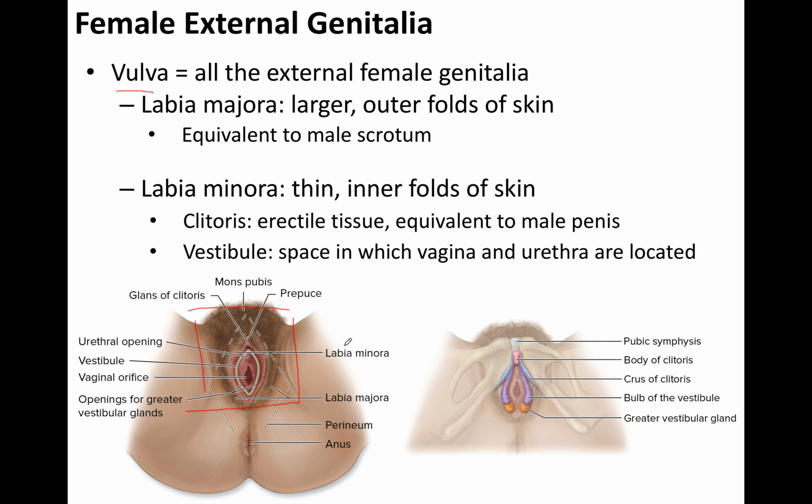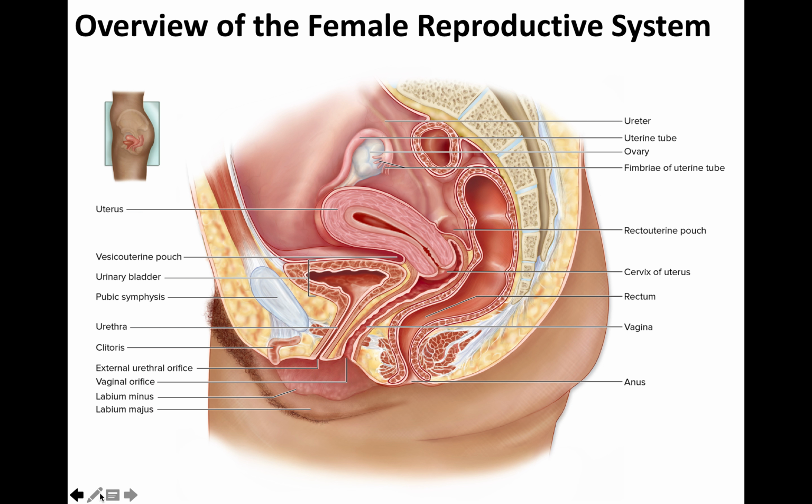You have a labia majora, which is going to be this outer fold. You have a labia minora right there, which is going to be your inner fold. So the labia majora is going to be equivalent to the male scrotum. The labia minora is going to be the inner fold, and that's where you should find the clitoris.